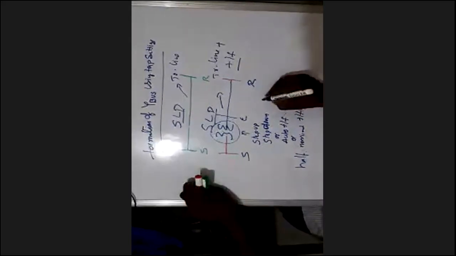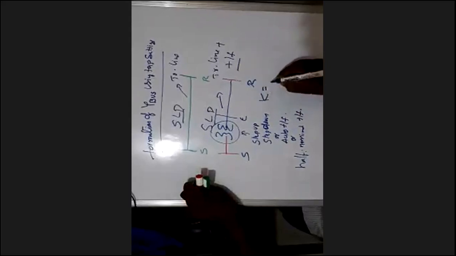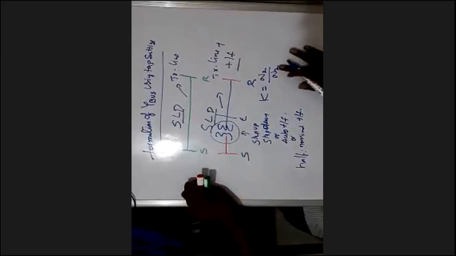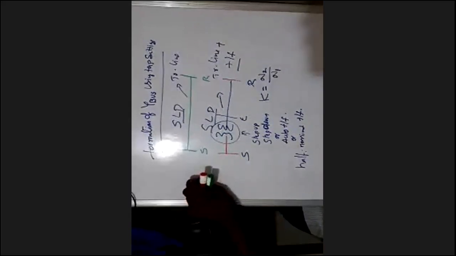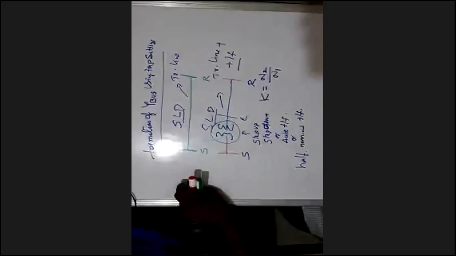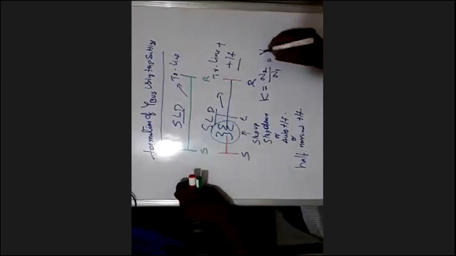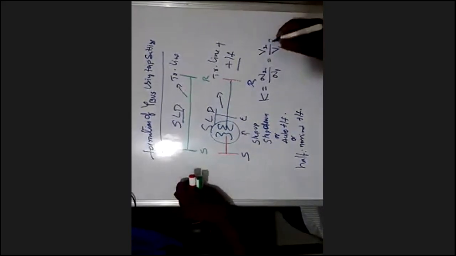So in a step down transformer, we define K equals N2 by N1. Can you tell me what this K is? Transformation ratio, sir. Right. It is also equal to V2 by V1, which is also equal to I1 by I2.